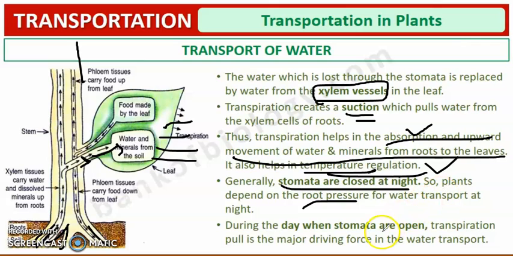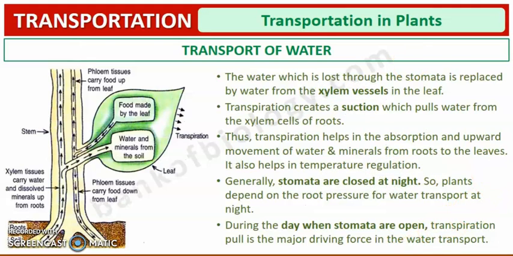Always these stomata are not open, so transpiration is not happening at night time. But at night time also it needs some transportation system, so that's why root pressure is there. During the day when stomata are open, transpiration takes over, but during the night time it is not used.